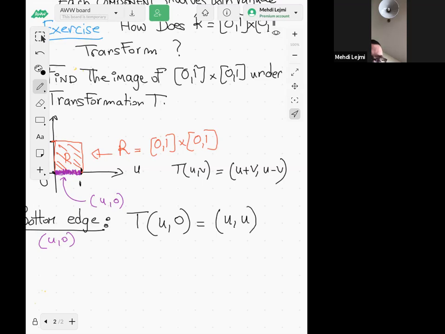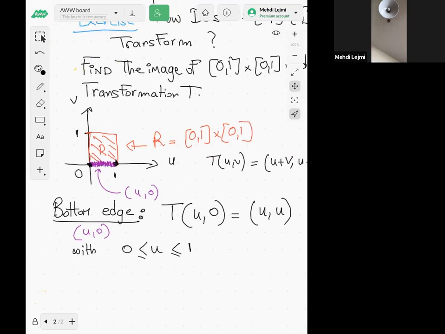And of course, here U is between 0 and 1. In this bottom edge, the U coordinate is between 0 and 1. So the image of this edge would be the edge (U, U) with U between 0 and 1.